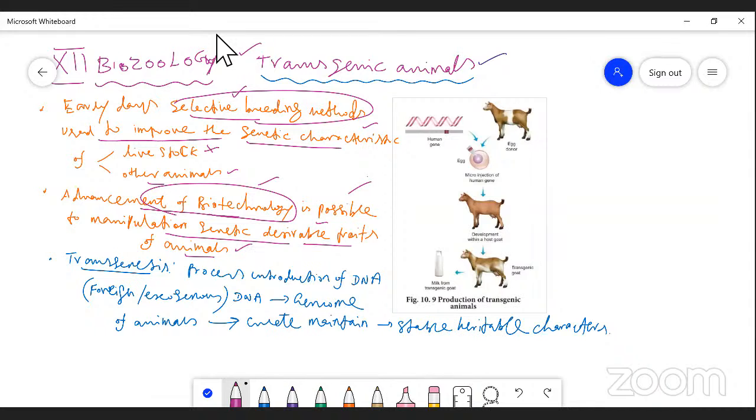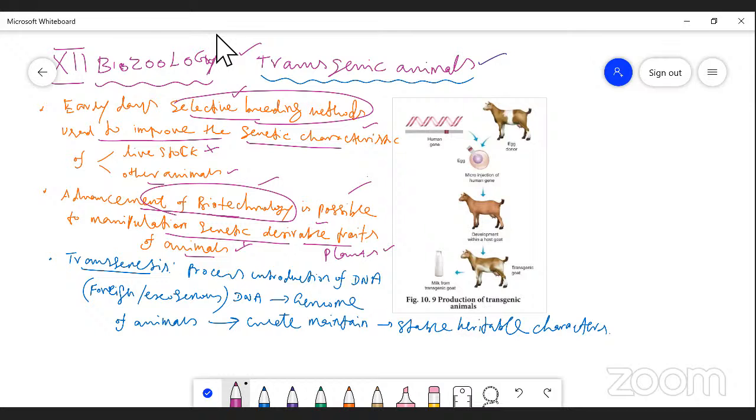Not only animals, any organism, plants also. Desirable characters of plants, animals or any other organisms are produced based on the advancement of biotechnology.